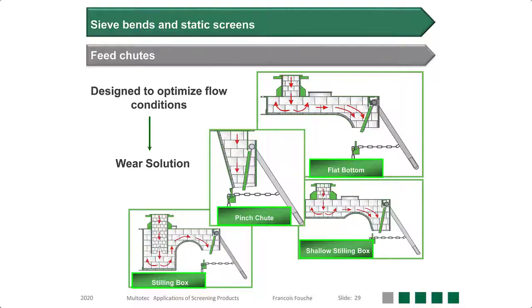The sieve bend remains a cost-effective and a simple and a reliable scalping solution. Given the short retention time of material on the sieve bend screen, it is critical to have a proper feed chute. At Multitech we have 4 feed chute designs available to ensure that the sieve bend operates efficiently.